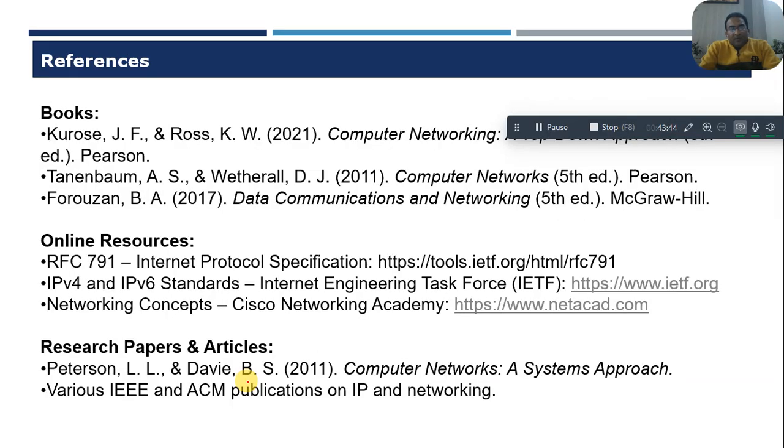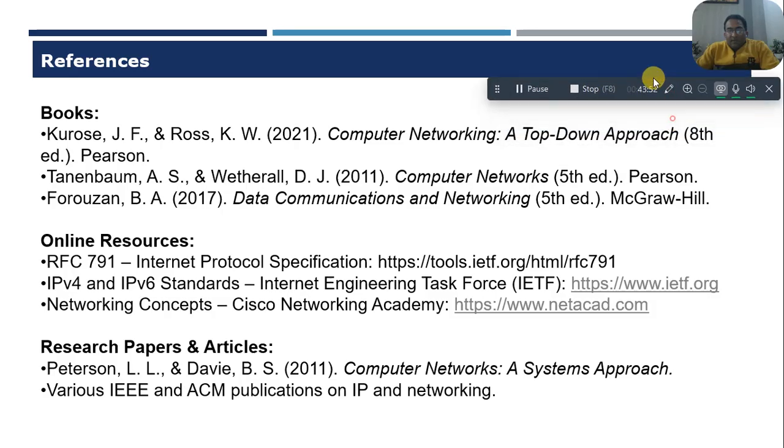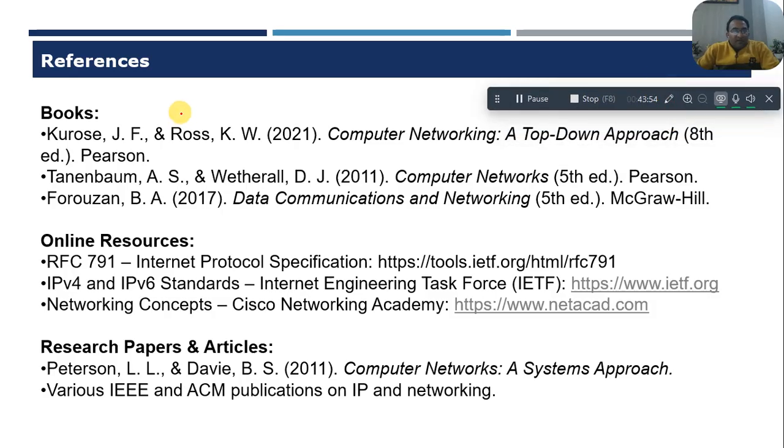Now the references which you can use for this particular topic of IP are the ones which I have used: Kurose and Ross, Computer Networking: A Top-Down Approach, 8th edition, published by Pearson. Then there is another book, Tanenbaum, which is a very good book for computer networks, again published by Pearson.